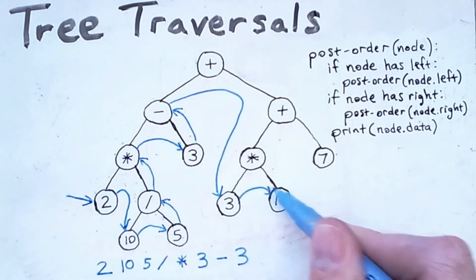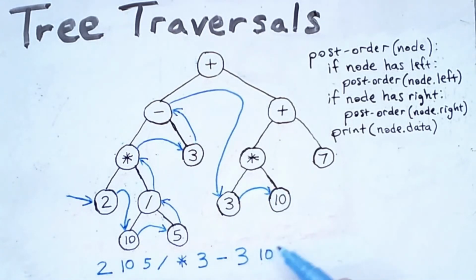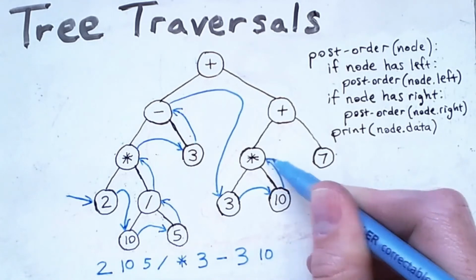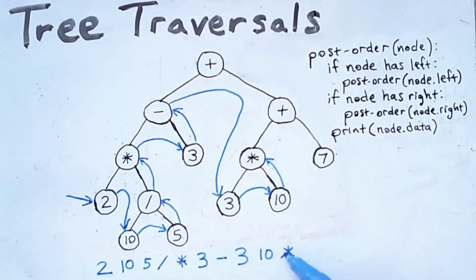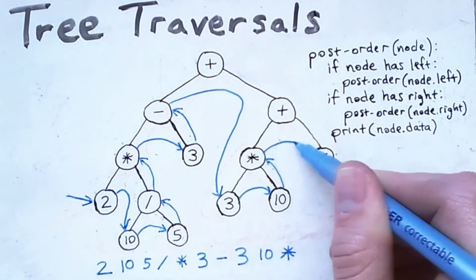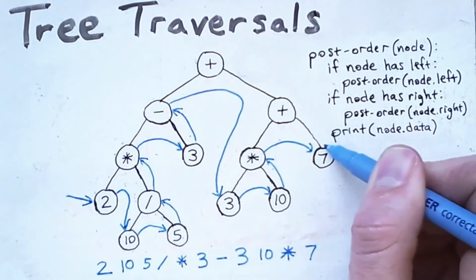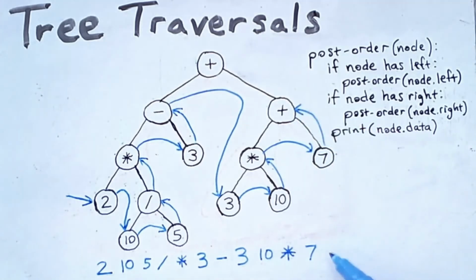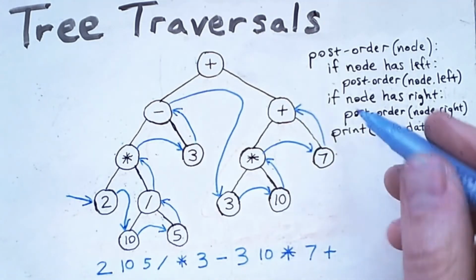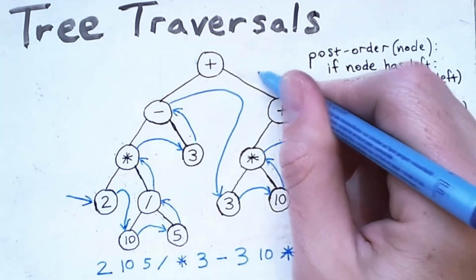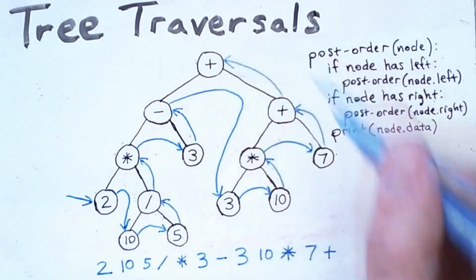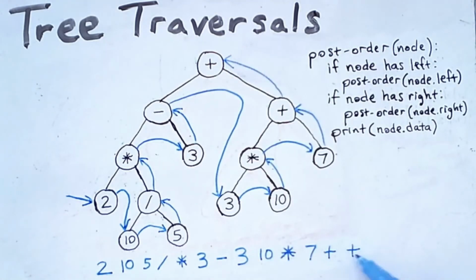And then the 10, and the multiply, and the 7, then the plus, and then finally the root node gets printed there. So here we have a complete postfix expression.